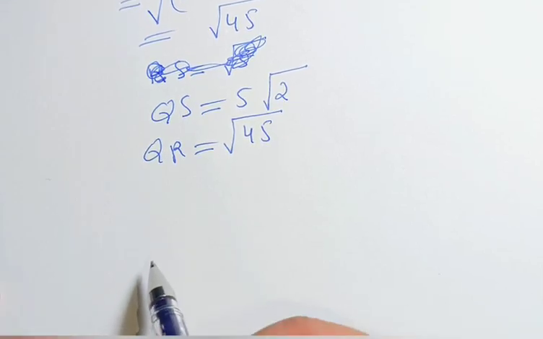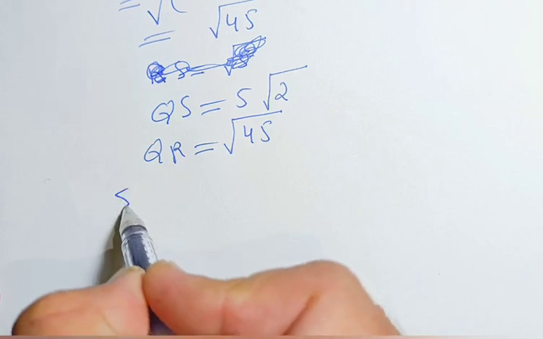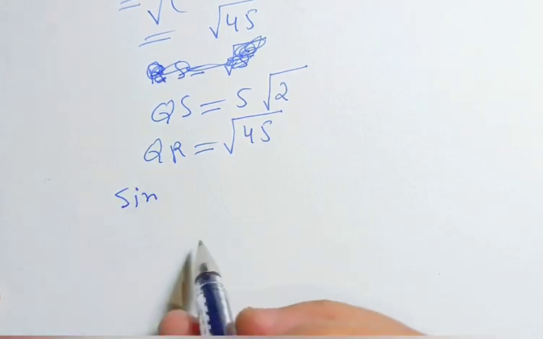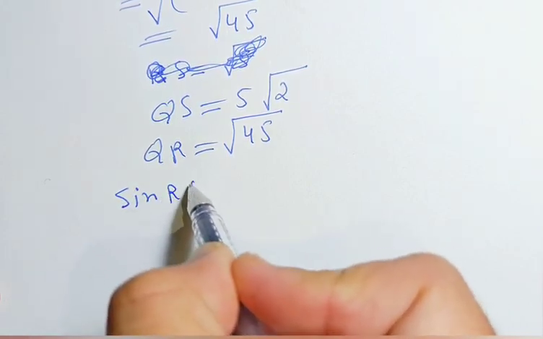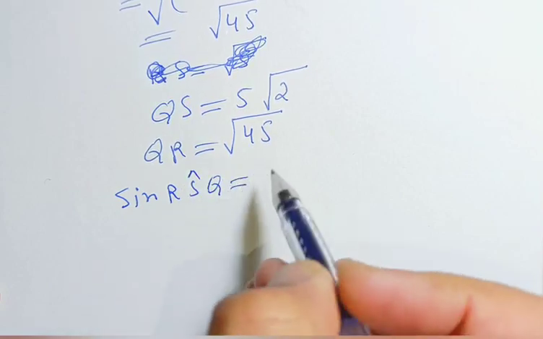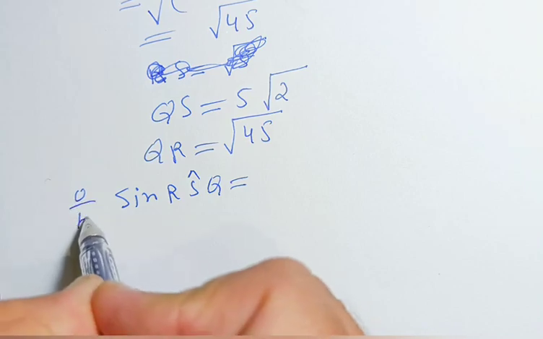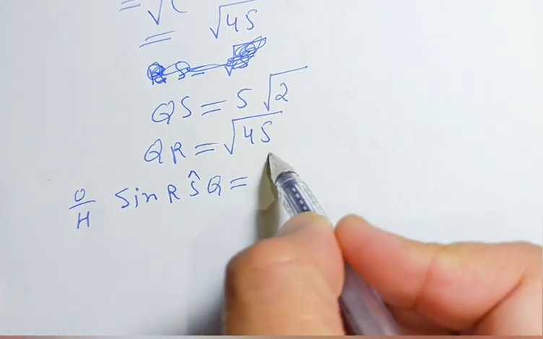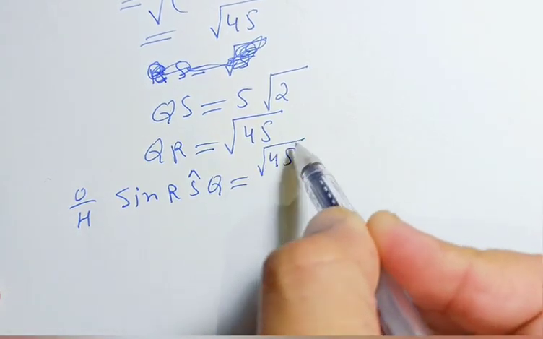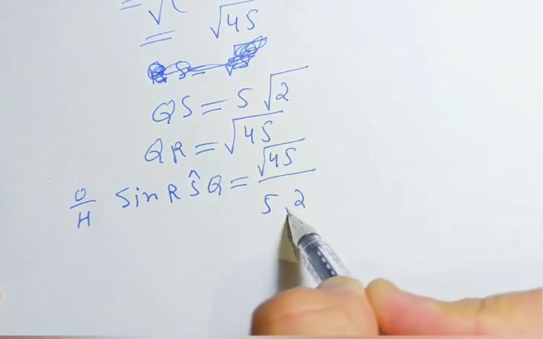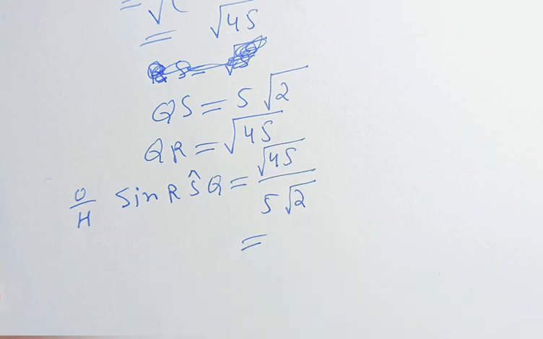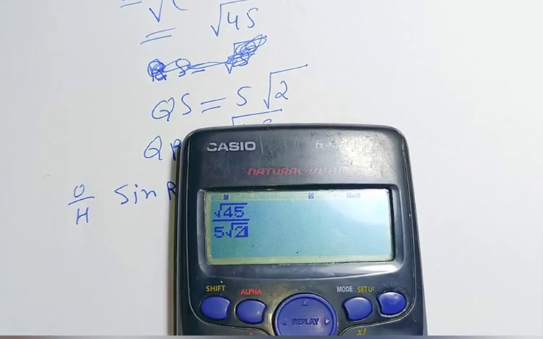So the QS I have is 2 square root, and QR I got is 45 square root. Now through sine I'm going to find it. So sine of angle S that I'm looking for is equal to O over H. So it's going to be 45 square root over 5 2 root. So I use the calculator now. I plug it into the formula.